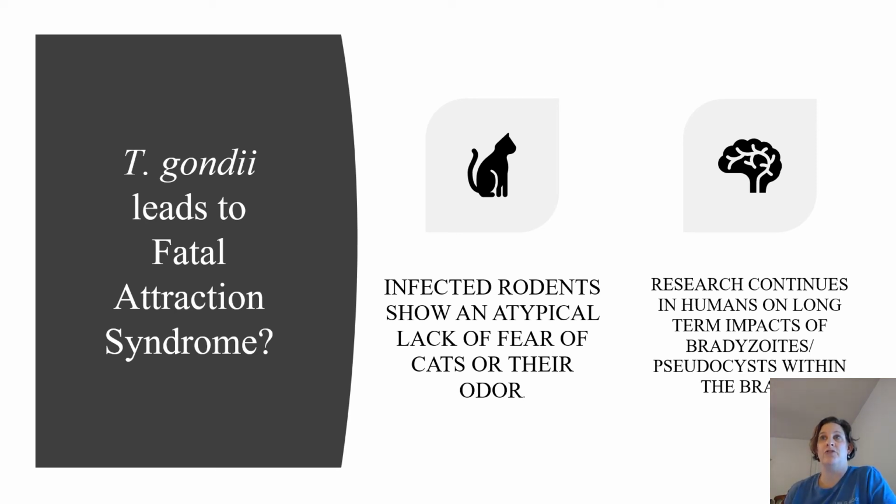So that led researchers to the question of whether there are similar impacts on human beings that are infected with T. gondii, in the sense that cysts within their brains are causing, leading to, or are associated with changes in human behavior. So Dr. Rouse and several of her students actually had rats, and they looked at behavioral changes in infected rats.